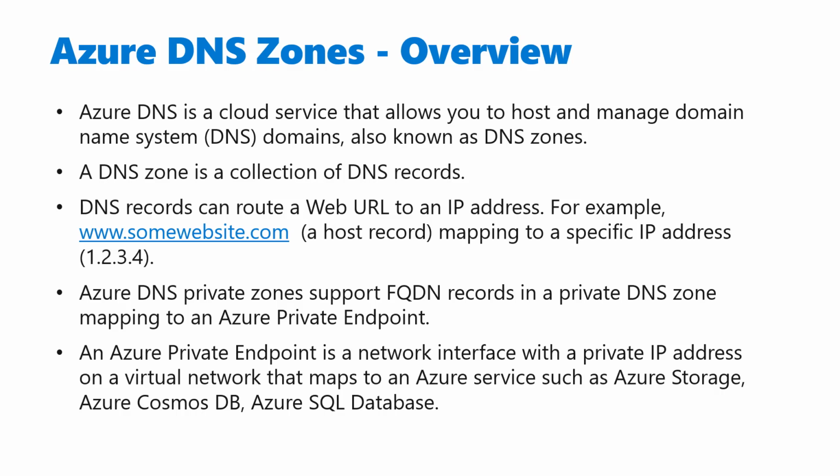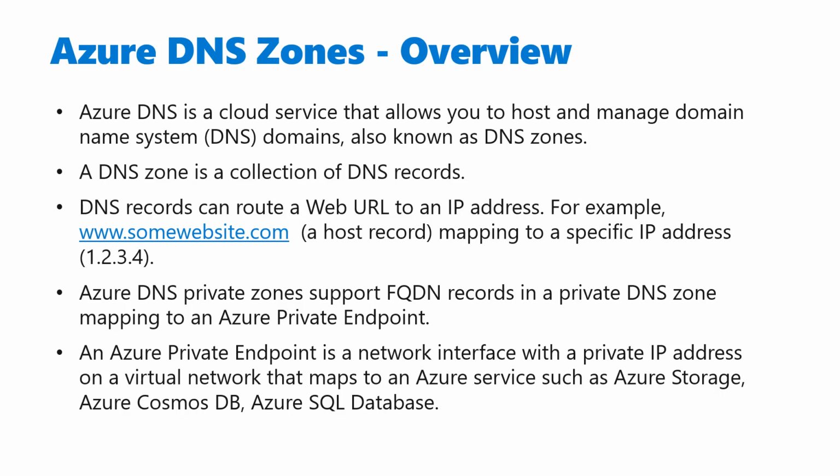Now, what is a DNS record? A DNS record is something that will help us in routing the traffic that reaches a web URL to an IP address. The mapping between URLs and IP addresses is done by DNS records, because as a human you will not be able to remember all the IP addresses, right? It's easy to remember a URL, for example, google.com, microsoft.com, azure.com. These are words or spellings that we can easily remember, not the IP addresses.